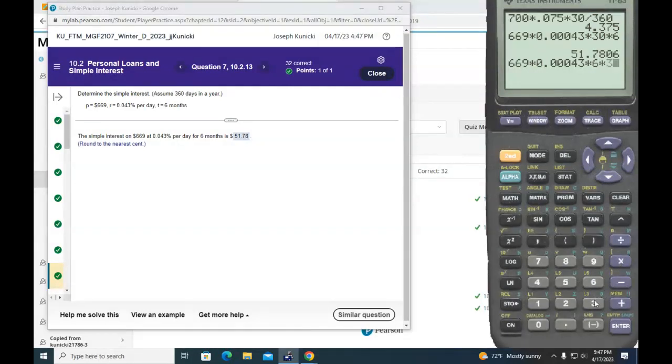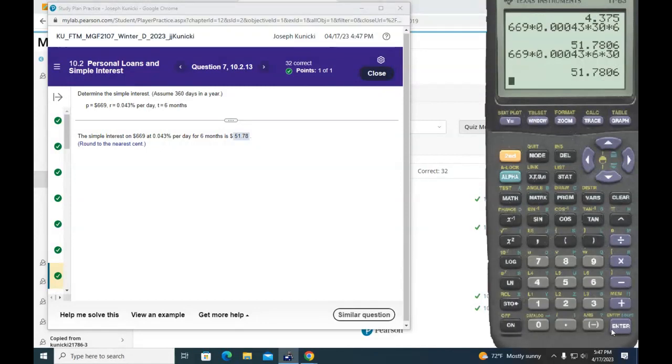There's 30 days. So that'd be 180 days times 30. See, so I multiply it times 30, whether I multiply it times R or multiply it times T, and I get the same answer. See, the top one I changed the R to monthly, the bottom one I changed the time to days. And it works, it gets the same answer.